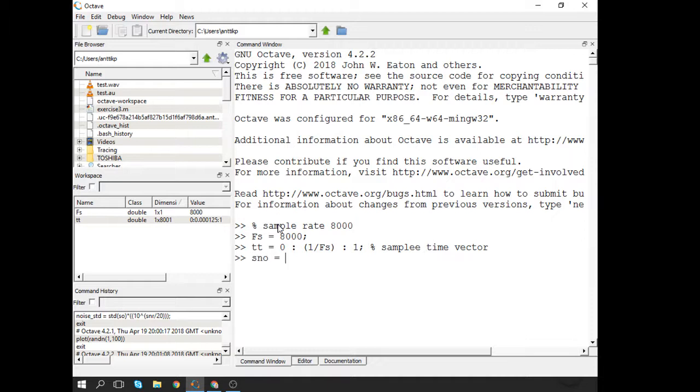Let's put there say 0.5 times sine of 2 times pi times 430 hertz times t, plus, okay, 0.5 divided by 3 of sine of 2 times pi times 3 times 440 hertz times t.